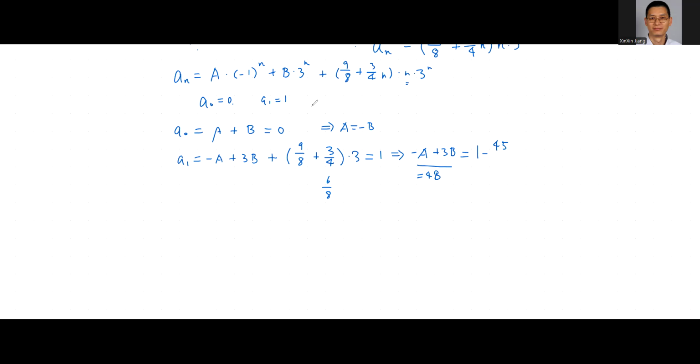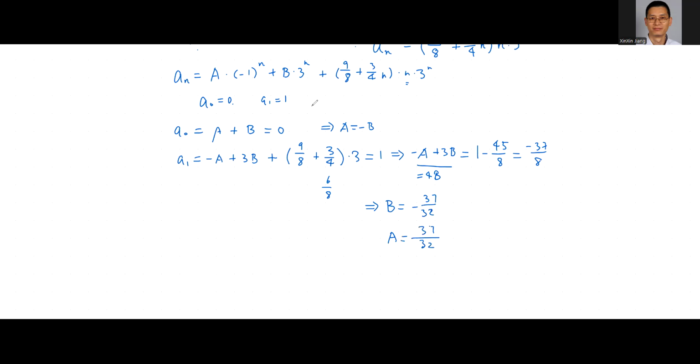So that's 48. 45 minus 8 is 37. So negative 37 over 8. And then you divide both sides by 4. You get b equals negative 37 over 32. And a equals negative b, which is 37 over 32.